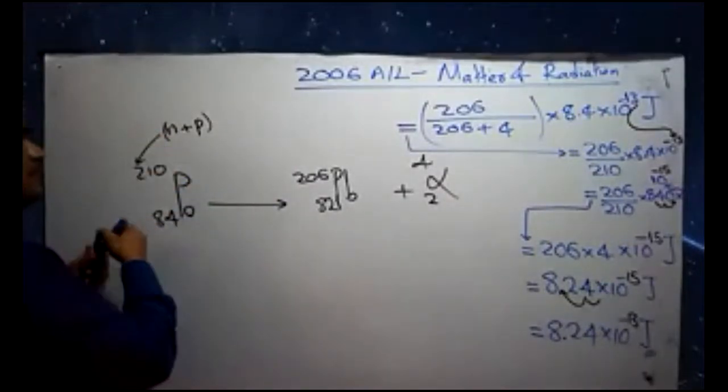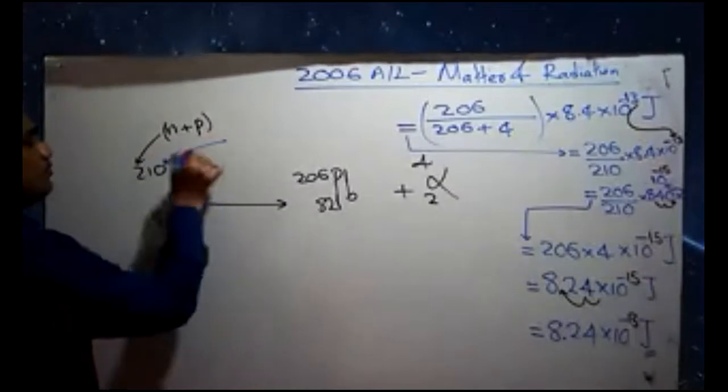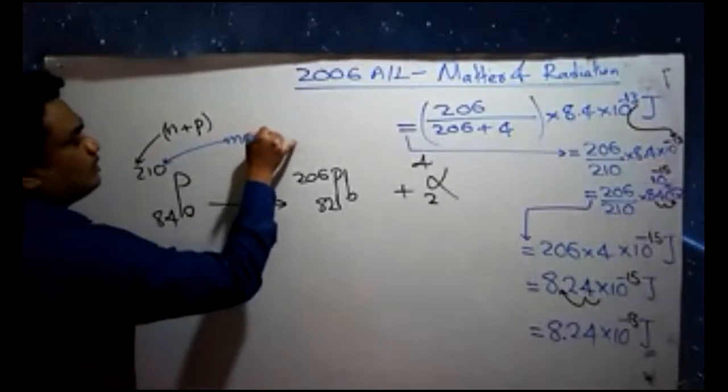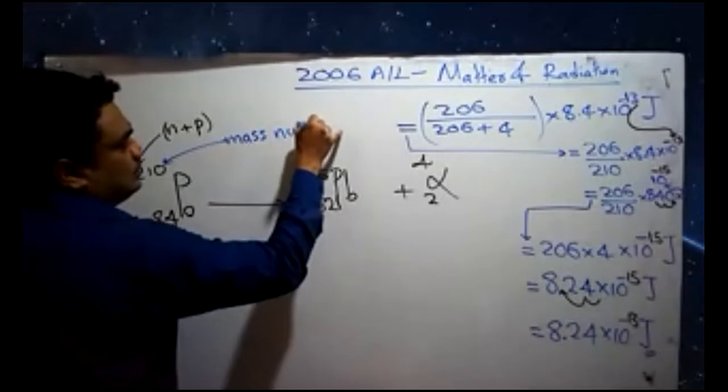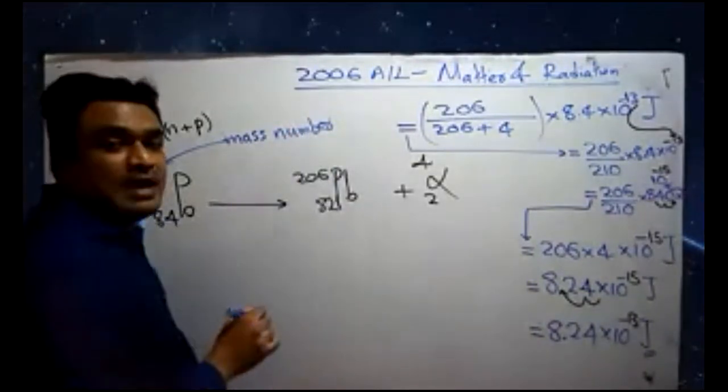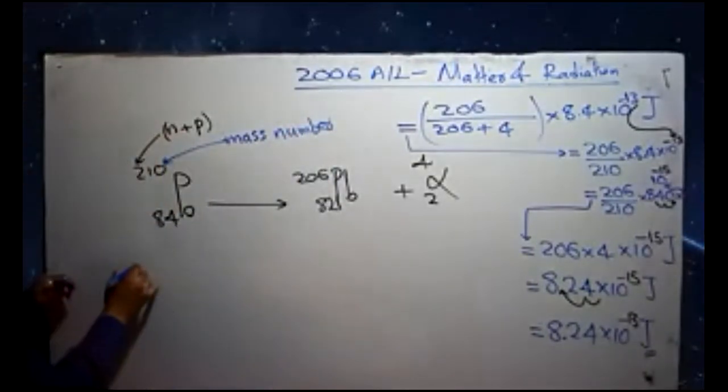Right. This 210 is called the mass number. The magic of the mass number is this.